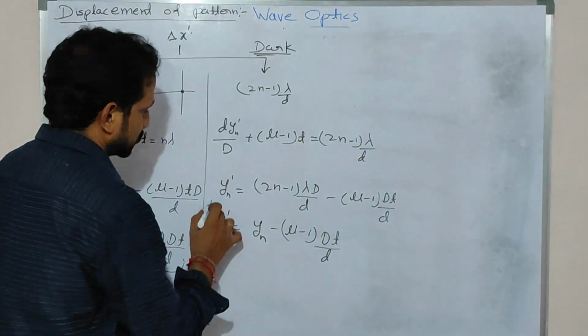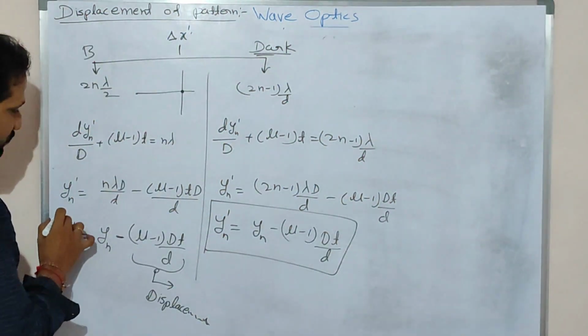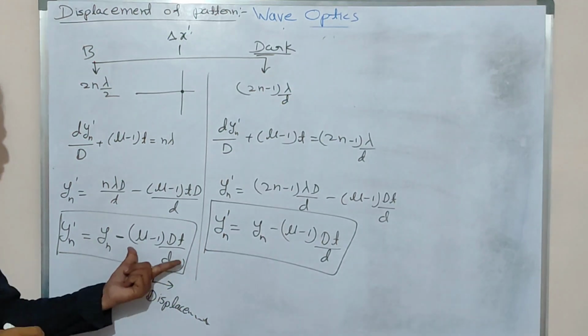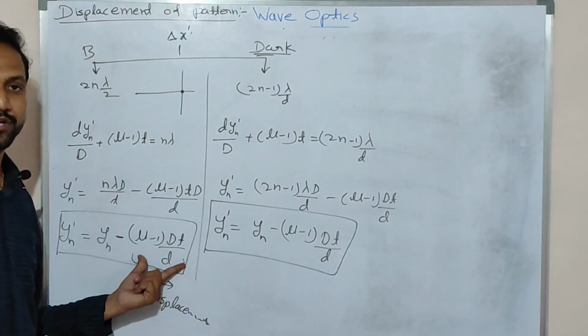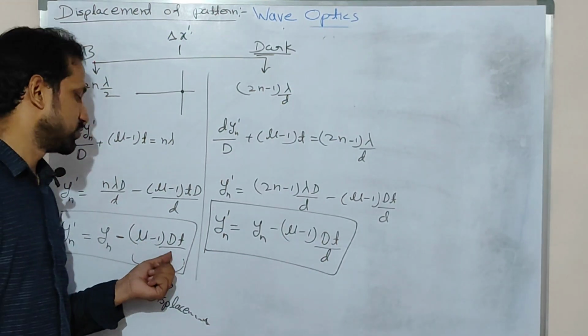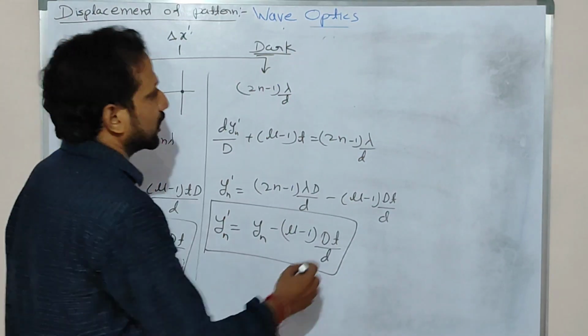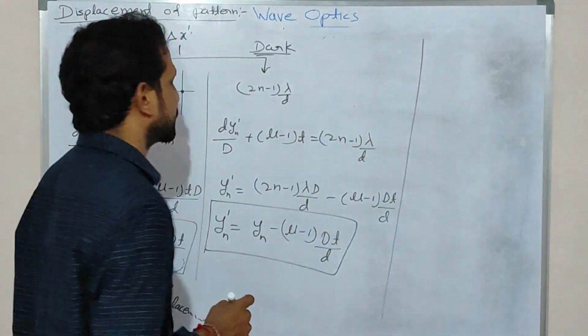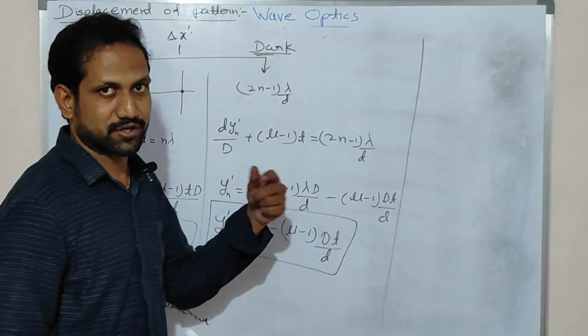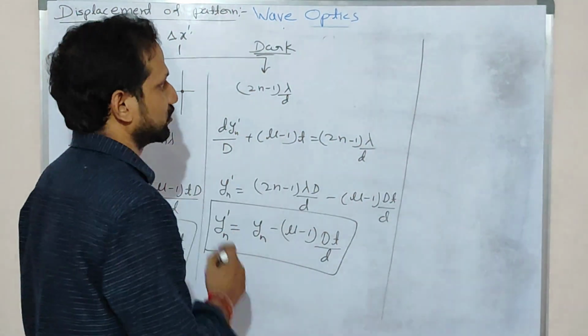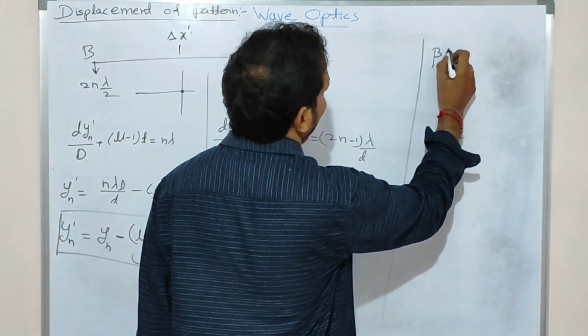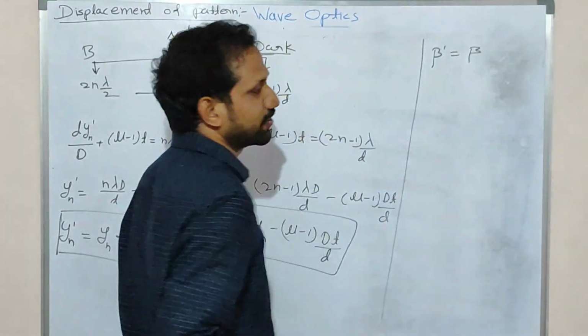So what you can notice here is that whether it is a bright fringe or a dark fringe, the shift or displacement is the same. How much is the displacement? (mu minus 1) into capital D small t by small d. And one more thing I should confirm here: by introducing the film, the beta, the fringe width, will not vary.